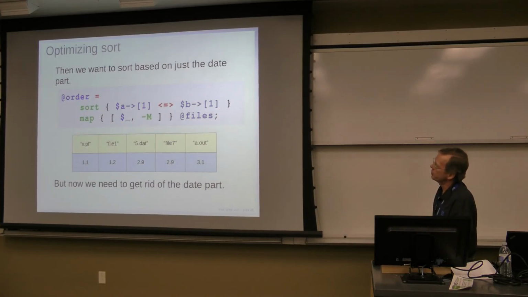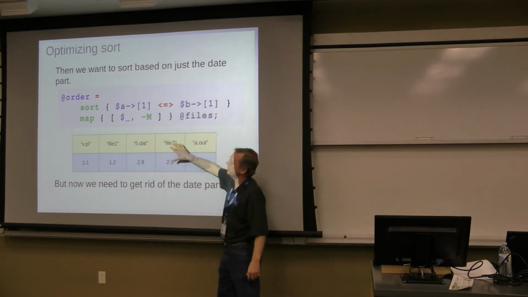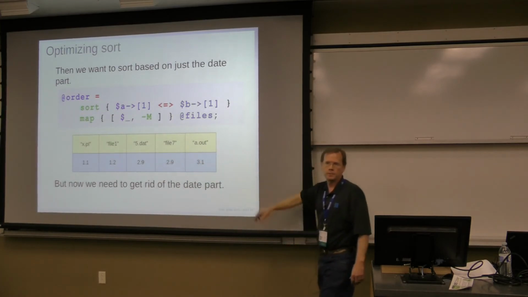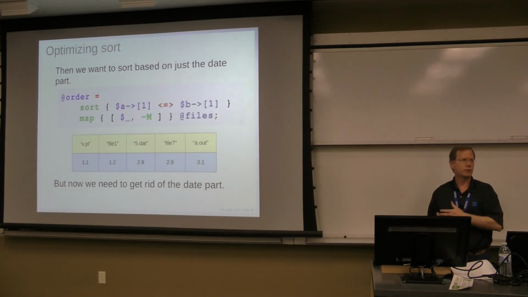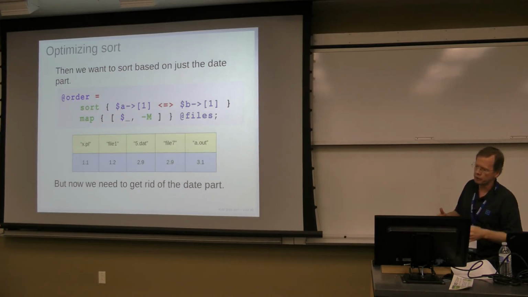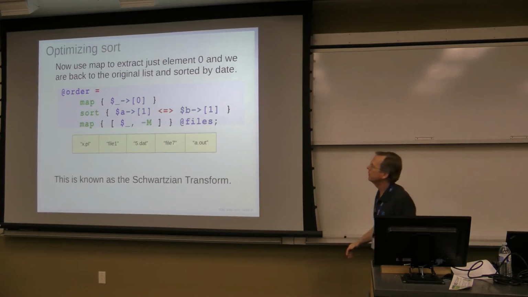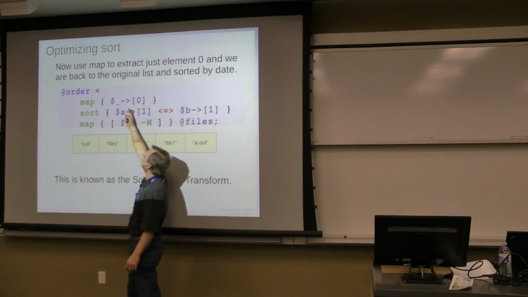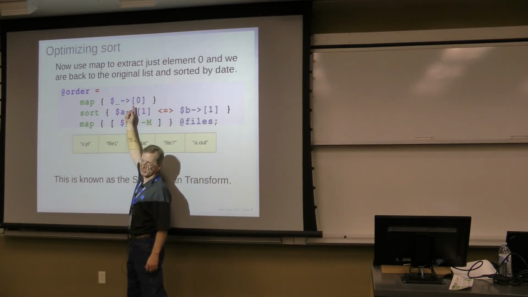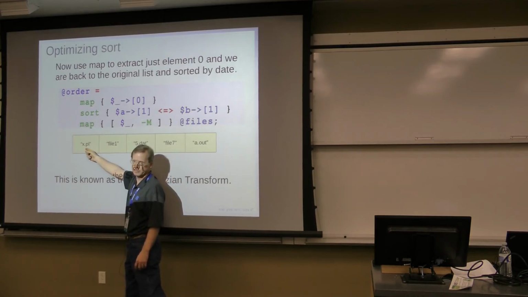But sort returns this whole mess in sorted order. We want to strip out that blue stuff, that extra array that we created. So we'll do another map, where map just returns element 0, which will be the yellow.